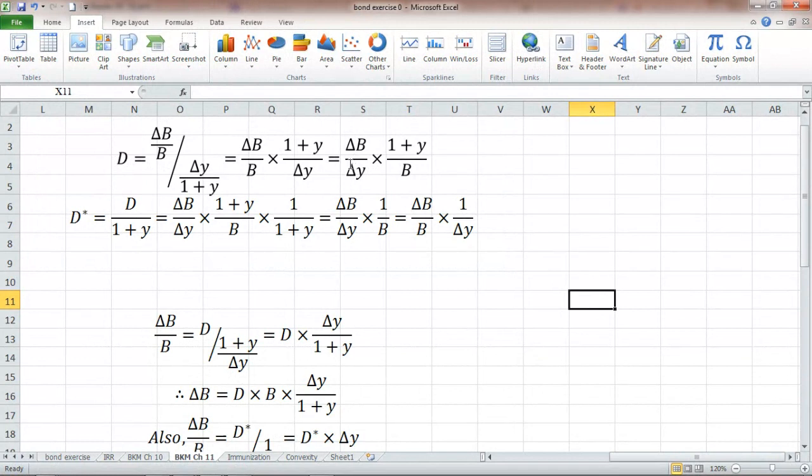In other words, duration is, we can rewrite this as: change in bond price over bond price times 1 plus y over change in y. And then solving D equals this for this.